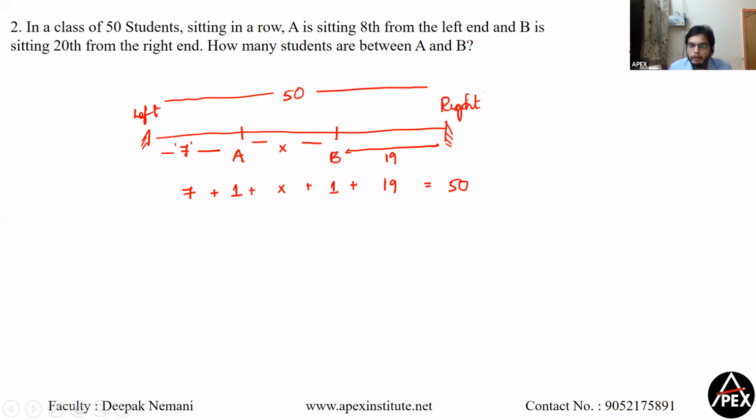And here you need to find the value of X. Between A and B, please don't consider A and B. Those who have replied 24 might have considered A and B also. But here we are talking about the students who are sitting between A and B. So X plus 8 and 20, 28, is equal to 50, and the value of X is 22. So we have 22 students sitting between A and B.